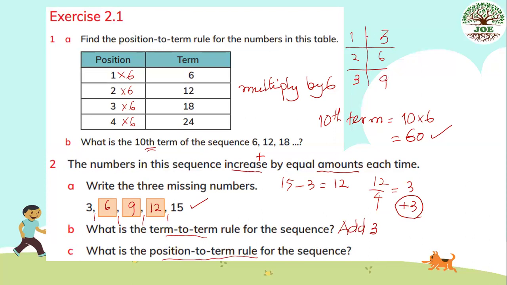So 1 becomes 3 means 1 times 3. 2 becomes 6, 2 times 3. They are multiples of 3. So our position-to-term rule is multiply by 3. For term-to-term, we can add 3 each time.